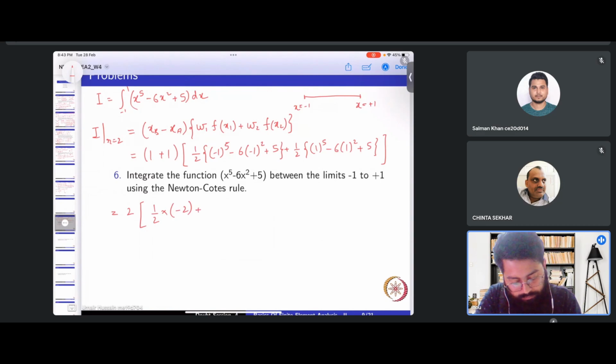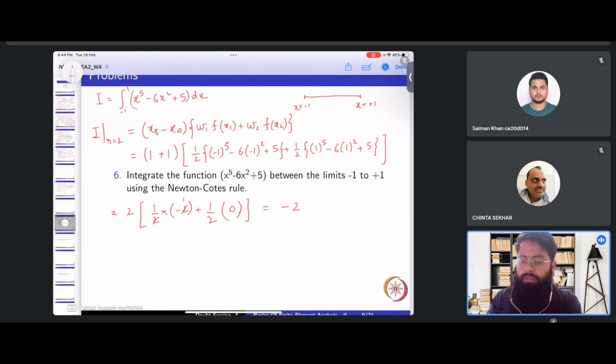Okay. Then we have half of, here we have 1 to the power 5 is 1, minus 6 plus 5. So 1 plus 5 is 6, minus 6 is 0. So we get minus 2 as the integral value.